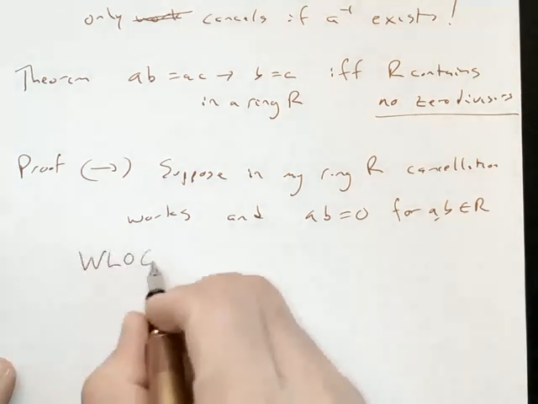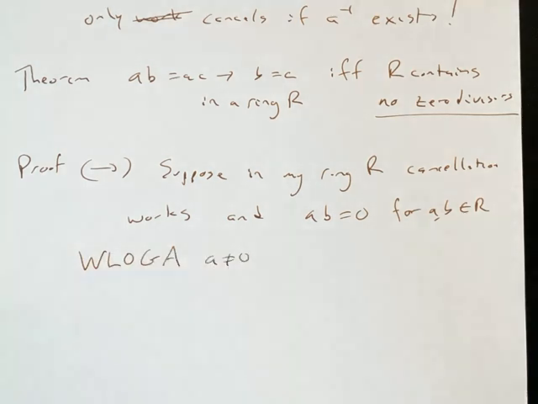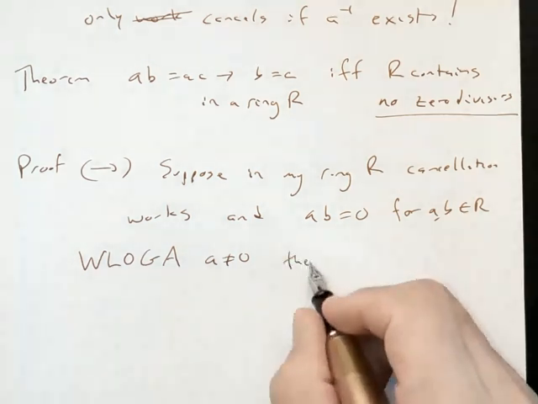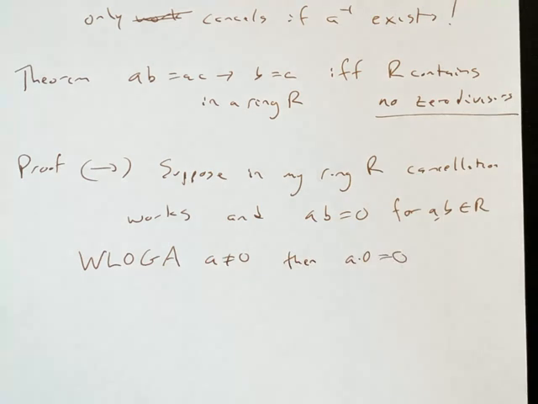Without loss of generality, assume A is not 0. Then my goal is to show that B is 0. Well, if A is not 0, then A times 0 is 0, yes? Anything times 0 is 0.